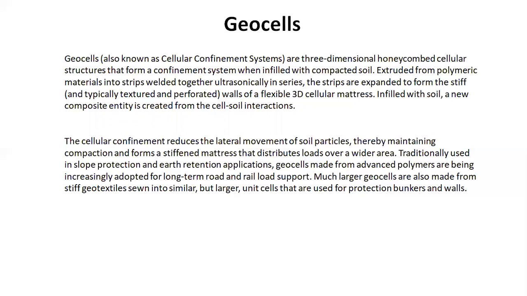The strips are expanded to form typically textured and perforated walls of a flexible 3D cellular matrix. So, infilled with soil, a new composite entity is created from cell-soil interactions.